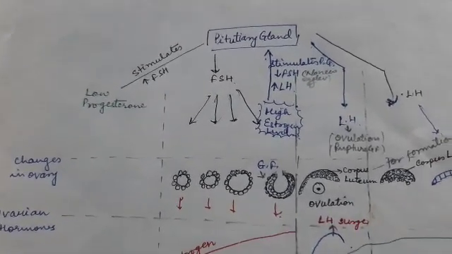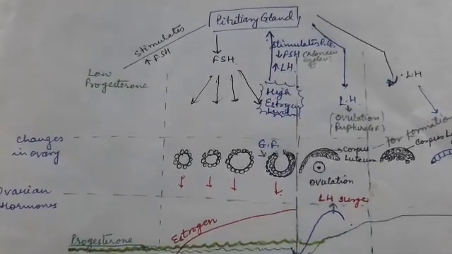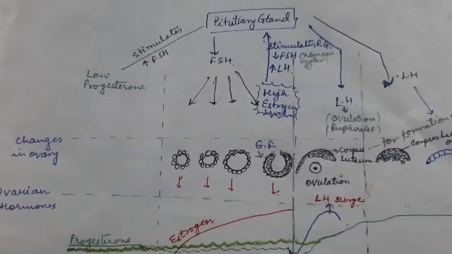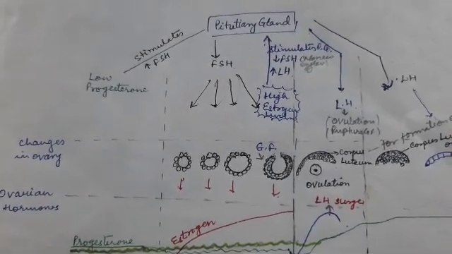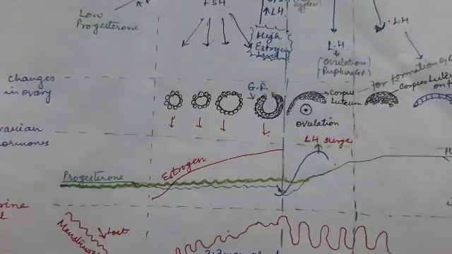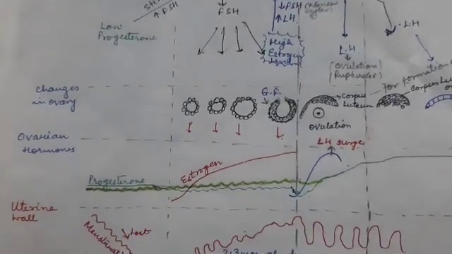This is the lowest level of progesterone, and when it is low, progesterone is not able to maintain the thick endometrium, the uterus lining. So when the progesterone level falls, the endometrium lining is lost in the form of menstruation.